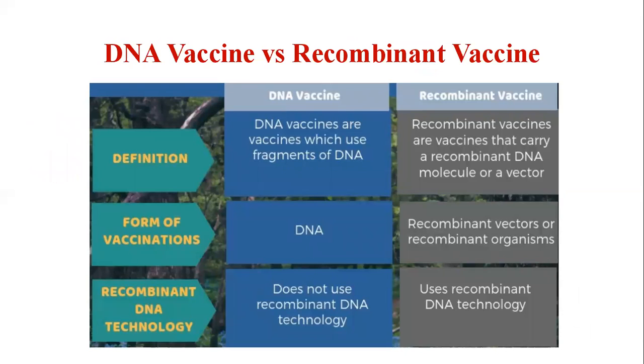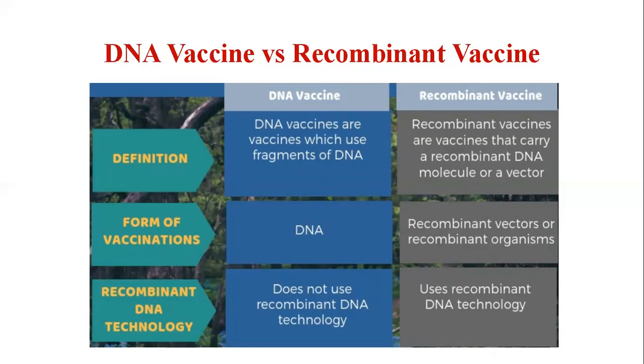Now there is a difference between recombinant DNA vaccine and simple DNA vaccine. So DNA vaccines are vaccines which use fragments of DNA, whereas recombinant vaccines are vaccines that carry a recombinant DNA molecule or a vector.